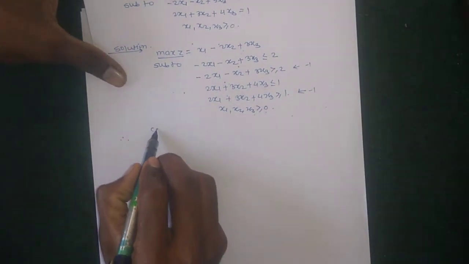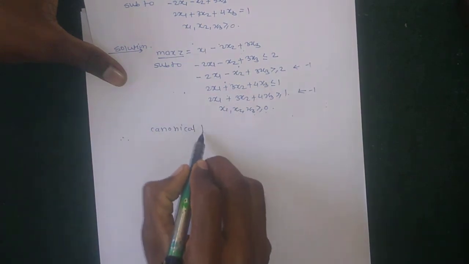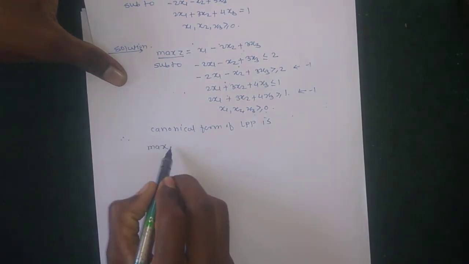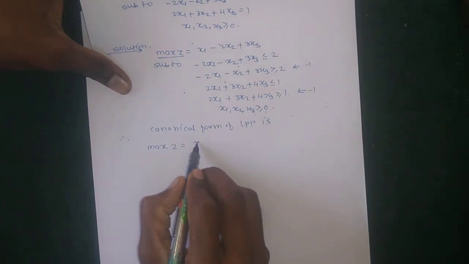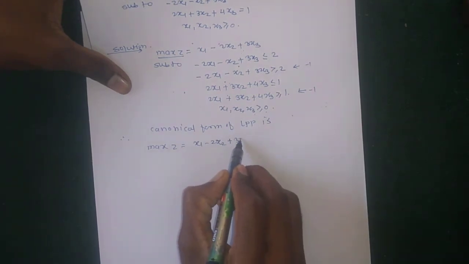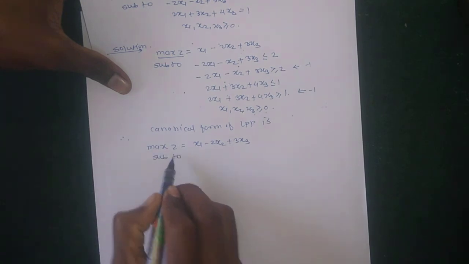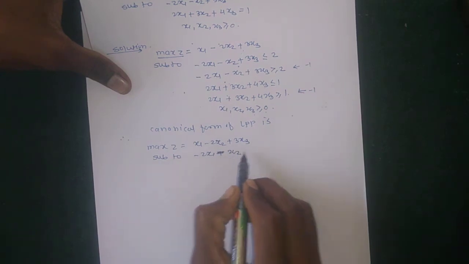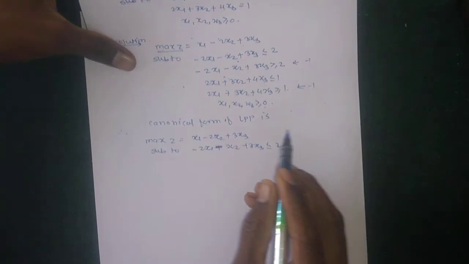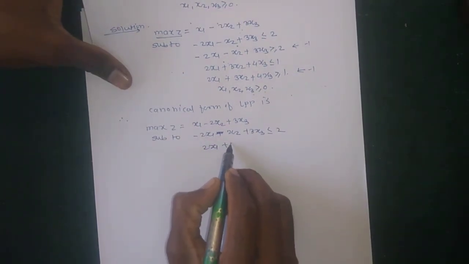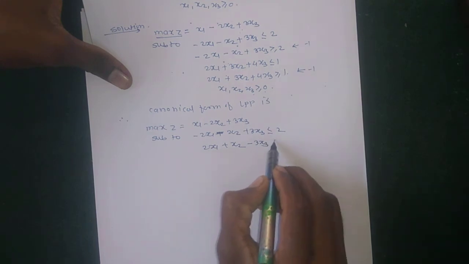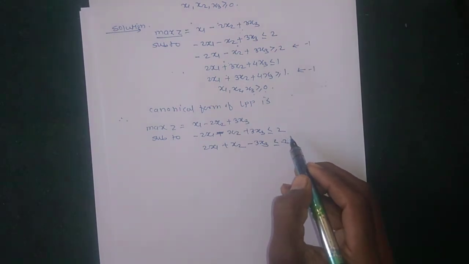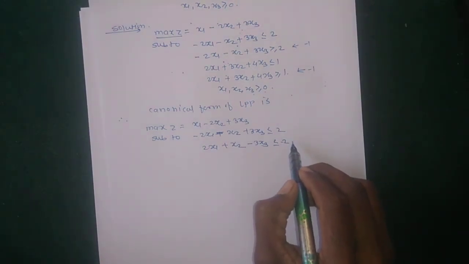So therefore the canonical form of the LPP is: after multiplying the constraints by minus 1, we get maximize x1 minus 2x2 plus 3x3, subject to minus 2x1 minus x2 plus 3x3 less than or equal to 2. For the second constraint, 2x1 plus x2 minus 3x3 is less than or equal to minus 2, after multiplying by minus 1.